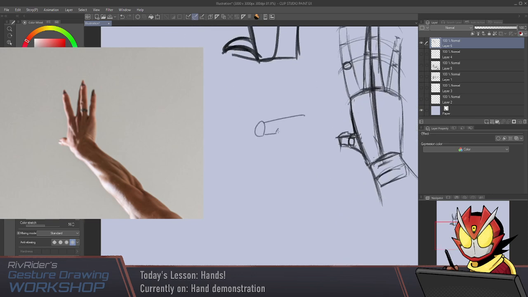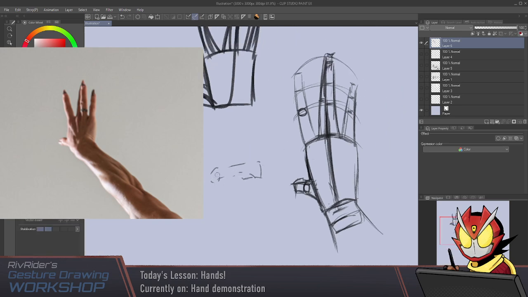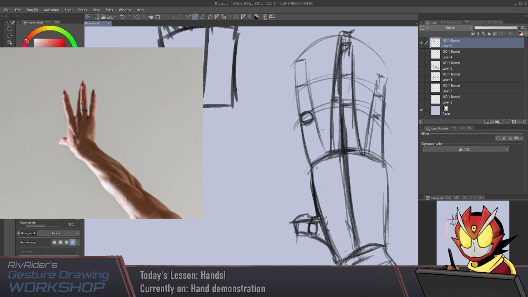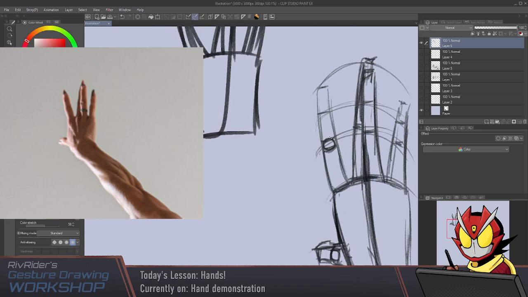this shape works best from a side view of the hand. But in this case, since you're looking at it more straight on, it's perfectly fine to just simplify it to tubes, cylinders, going into ball joints, if you so desire.